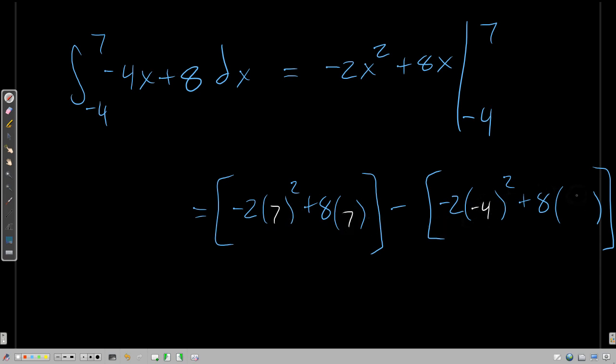And that's the fundamental theorem of calculus, which I'm sure is coming up shortly. So this is minus 98 plus 56, okay, whatever that is.